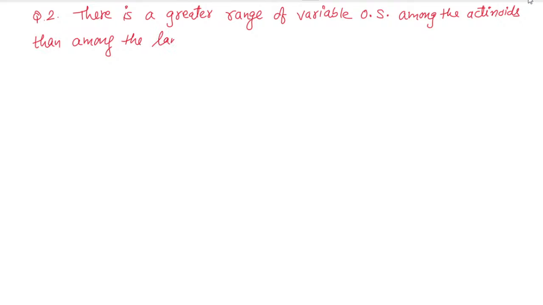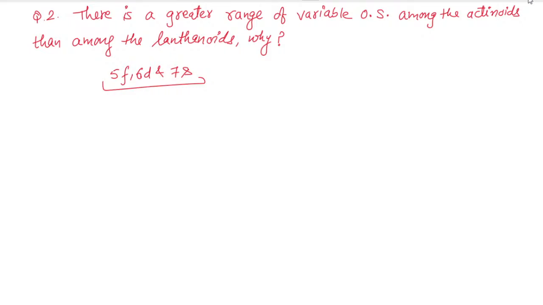What is the reason? There is a greater range of variable oxidation states among the actinoids than among the lanthanoids. Why? So in actinoids there is a filling of 5f, 6d and 7s, right?